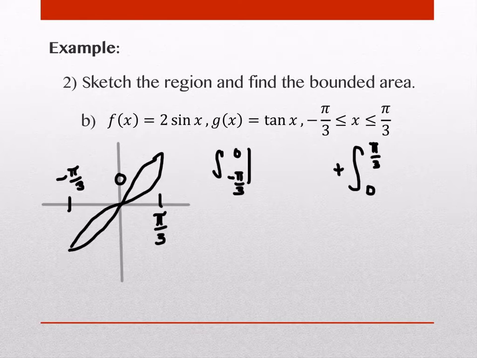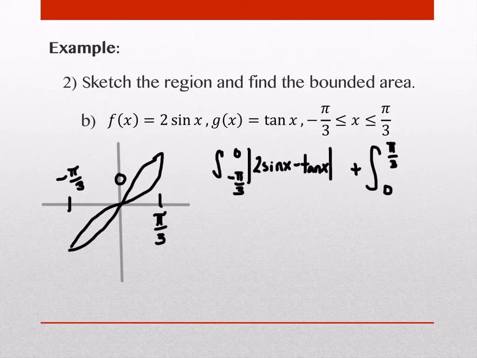So this is the absolute value of 2 sine of x minus tangent of x dx. Now I'm running out of space. Let me move this over a little bit. Plus the integral from 0 to pi thirds of, again, the absolute value of 2 sine of x minus tangent of x dx. You can pretend like you can see it all on my screen. It's almost all there.